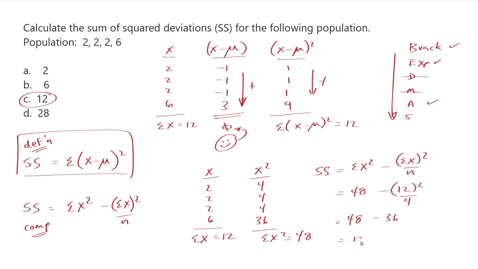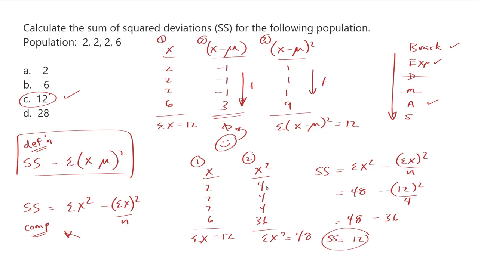This gives me 12. So here is my sum of squares that I got using the computational formula. Of course, it agrees with what I got with the definitional formula, but I was able to do this in just 2 columns, as opposed to having to do 3 columns.